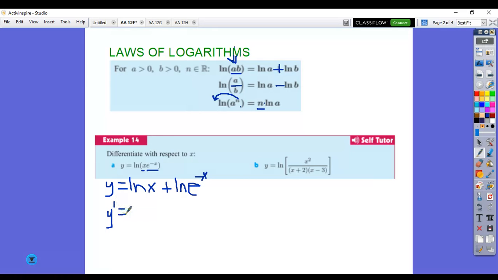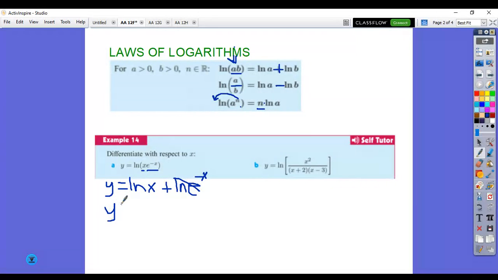So now y prime, the derivative of ln x, is just 1 over x plus, oh, hey, look, you know what? I'm going to come back. Wasn't even paying attention. Because what is ln e? Ln e cancels.